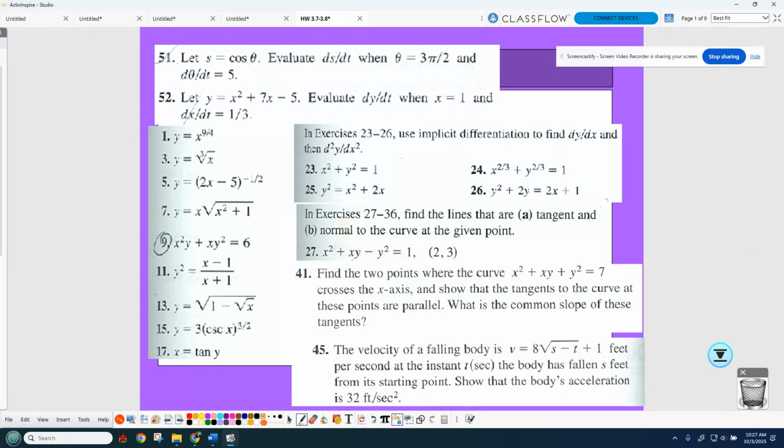So that said, today is to go over anything from implicit differentiation and trig inverse derivatives. Monday, I will show you how we do the derivatives of those guys.